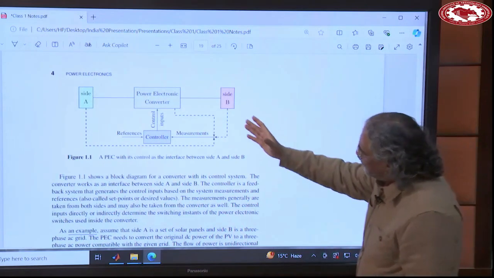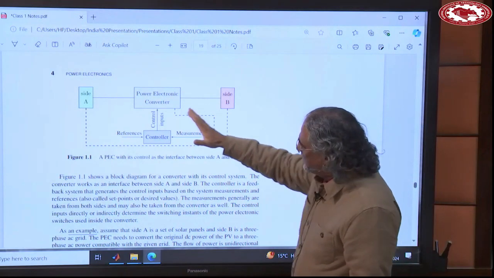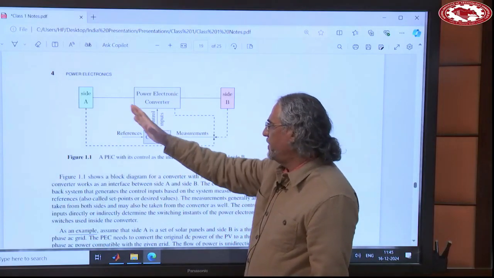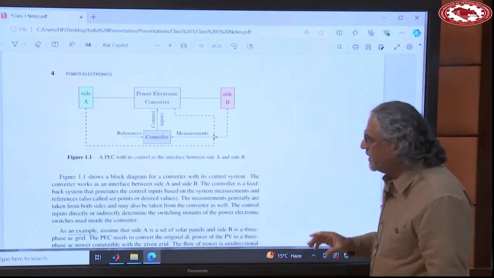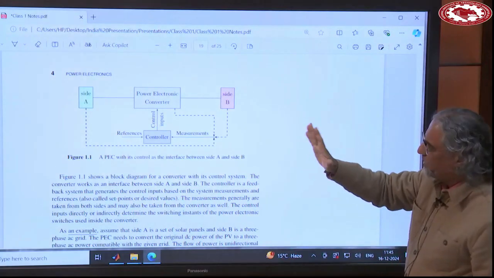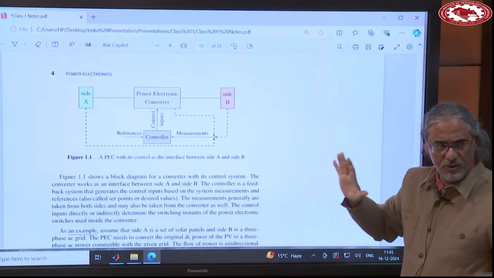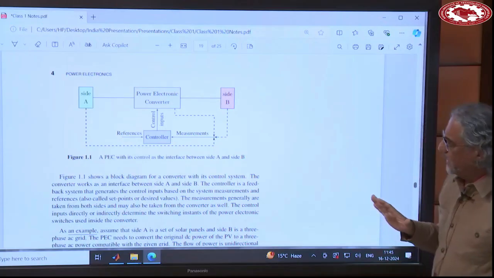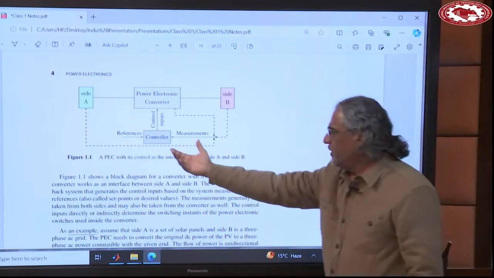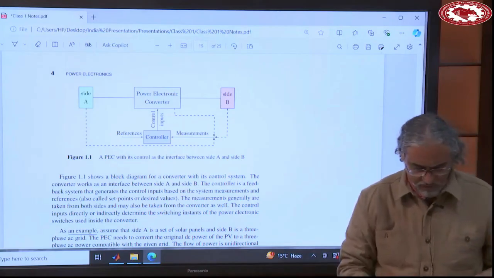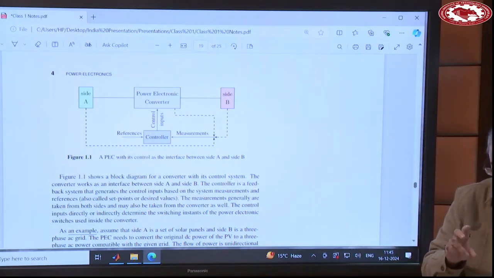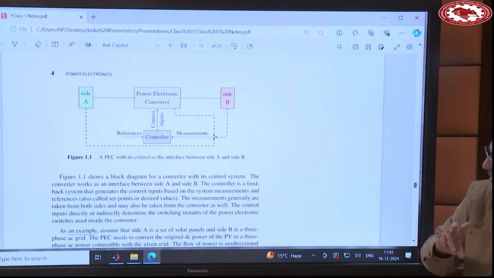So this diagram shows what power electronics does. It is basically an interface between two sides, let's say side A and side B. I didn't specify what side A and side B are, to keep it general. And then there is a controller that specifies the times for each switch inside that converter to turn on and off.